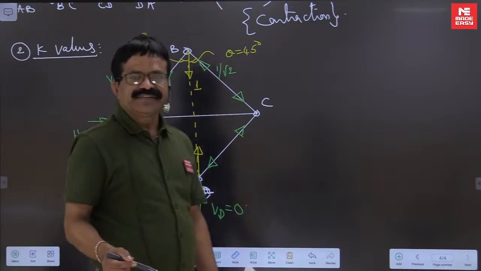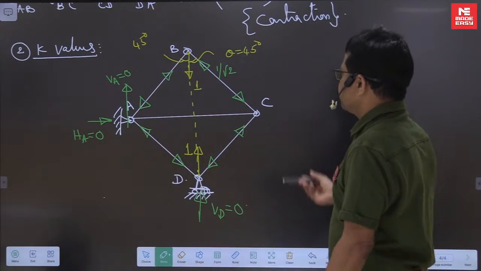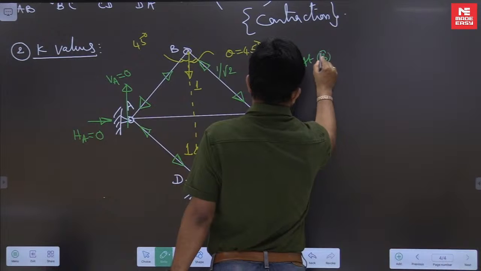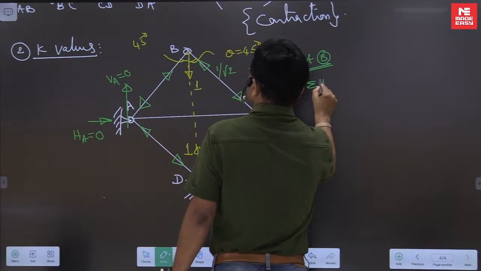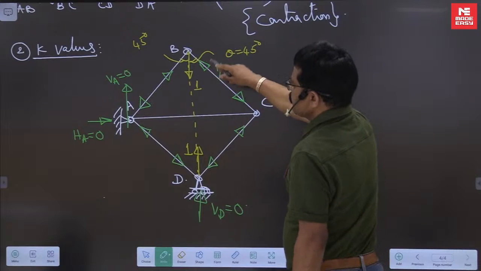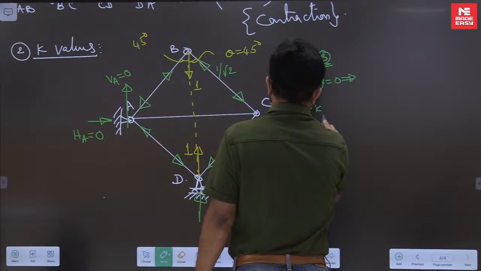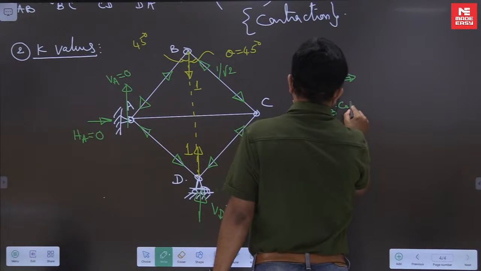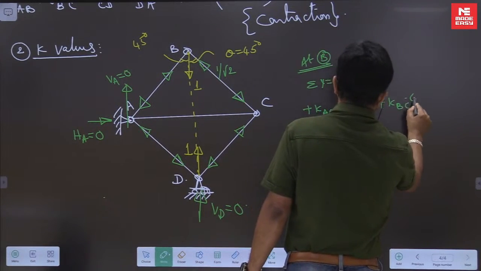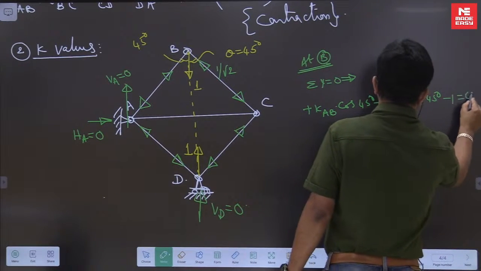Assume that when I talked, some of you might not have understood. Supposing that at B, if I write sigma y is equal to 0: KAB cos 45 plus KBC cos 45 upward, so minus 1 is equal to 0.